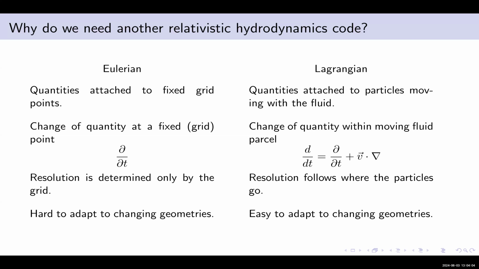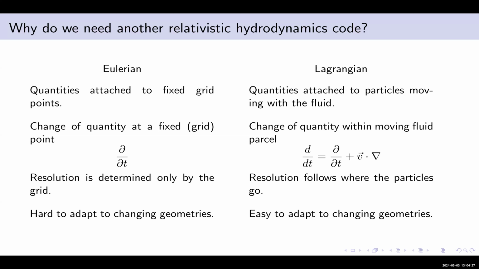On the other hand, in a Lagrangian approach, the quantities are attached to particles that move around with the fluid. And so you have to change your time derivative to be the full time derivative like that. One of the main advantages is that the resolution follows where the particles go.